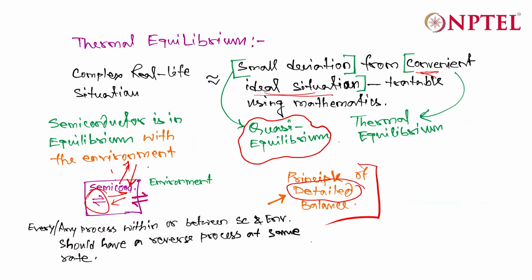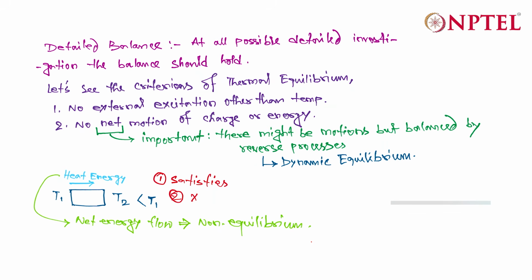But the point to be noted is that it doesn't matter what is going on, there should always be a reverse process at the same rate. That is what is very important. As I've said, detailed balance is very important. Detailed balance means at all possible detailed investigation, the balance should hold. So that is what equilibrium is all about.